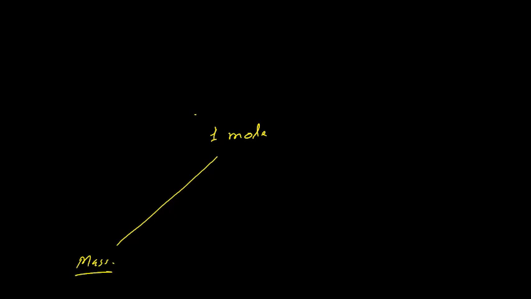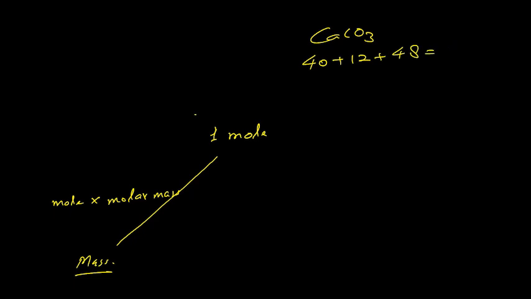You multiply mole by molar mass to get the mass. In case of CaCO3, this molar mass is 100. Calcium is 40, carbon is 12, oxygen is 16 multiplied by 3, 48, which will give you 100. So molecular mass is 100 U, or molar mass 100 gram per mole. It means if you have 1 mole, you will multiply it by 100 to get mass. So 1 mole will have 100 gram of calcium carbonate.